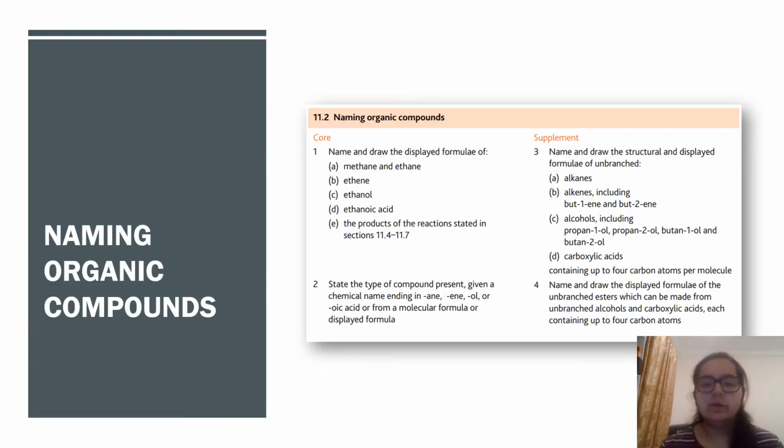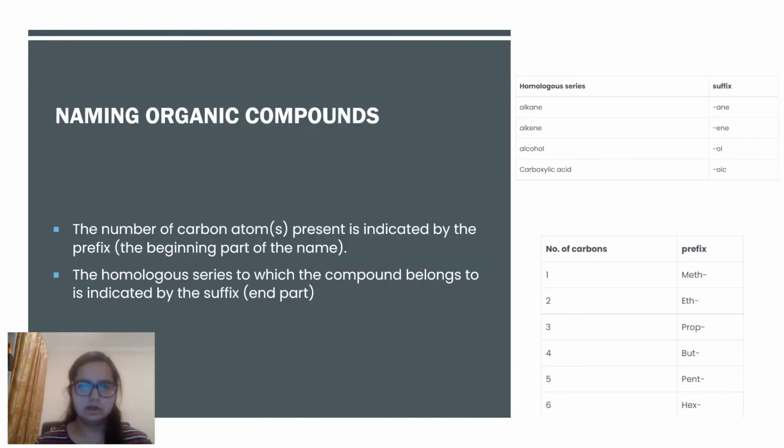Now 11.2, in this we'll be learning about naming organic compounds. We'll also see the displayed formulae of different compounds. So let's start. So naming organic compounds. The prefix, which is the beginning part of the name, shows the number of carbon atoms present in the compound, and the suffix, which is the end part of the name, shows the homologous series to which the compound belongs.